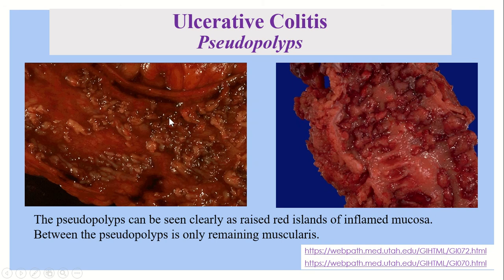We discussed the pseudopolyps, and here you see the pseudopolyps can be seen clearly as raised red islands of the inflamed mucosa, and between them only the muscularis remains.